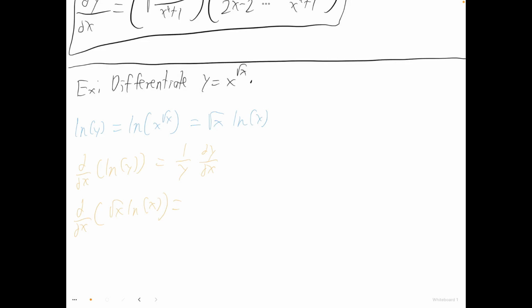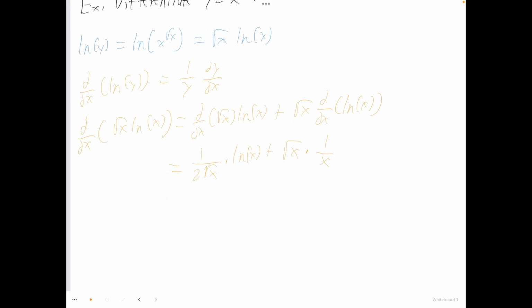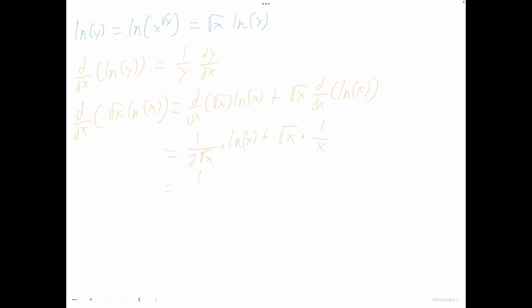This is a product rule, so we take the derivative of the first thing times the second thing, plus the first thing times the derivative of the second thing. The derivative of the square root of x is 1 over 2 square roots of x. We multiply that by ln of x, plus the square root of x times the derivative of ln of x, which is 1 over x.